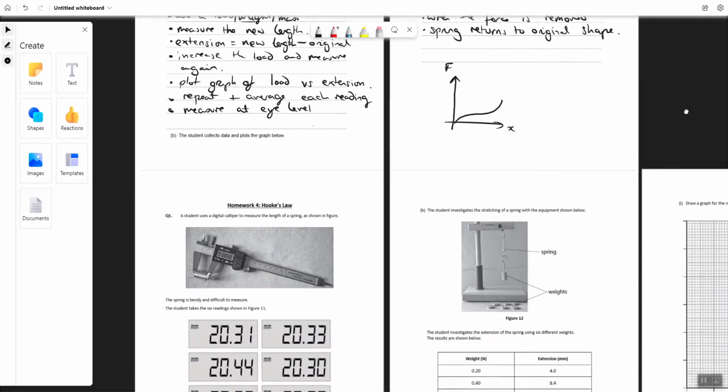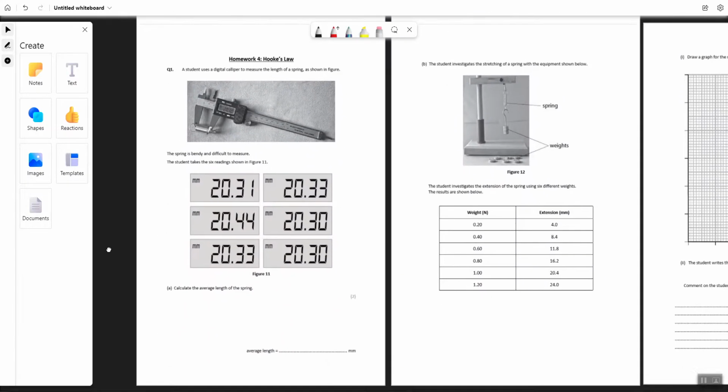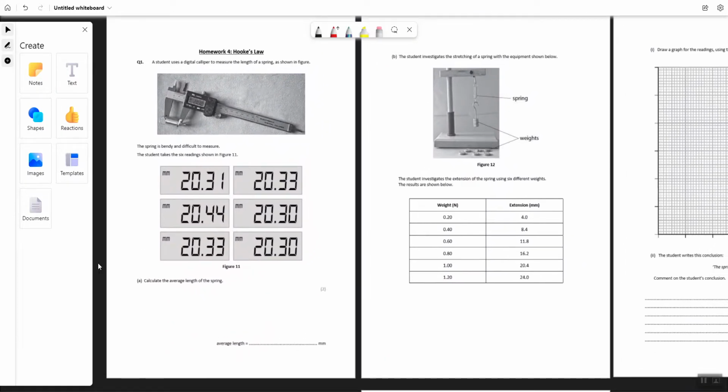So that's this homework. Right, number 4, which is again on Hooke's law, a bit of processing of data and so on. So here's the first one. We've got a student using a digital caliper to measure the length of the spring. The spring is bendy and difficult to measure. It takes 6 readings, shown below. What is the average length? Now, this is a bit of practical skills, and it is this thing here.